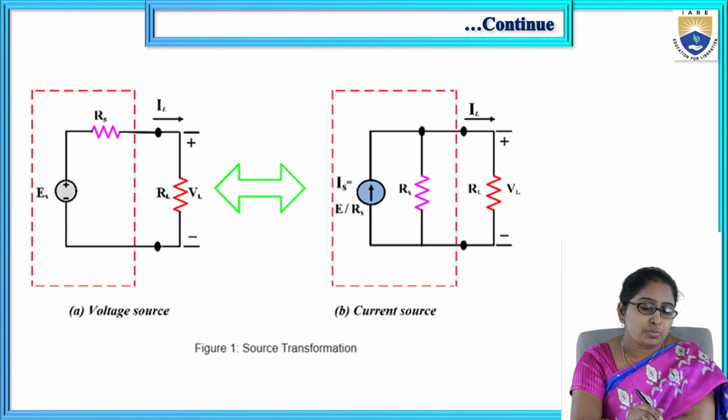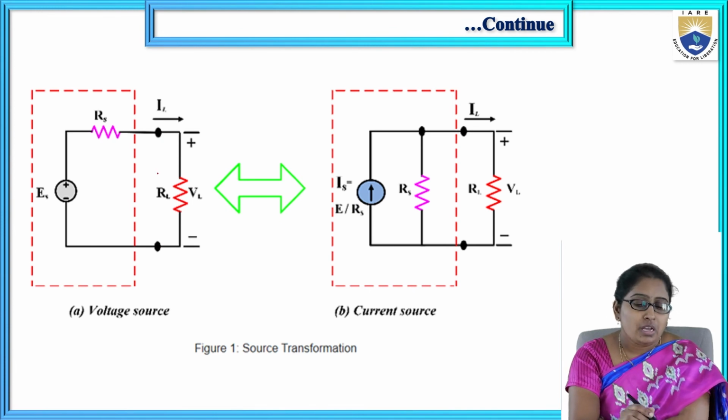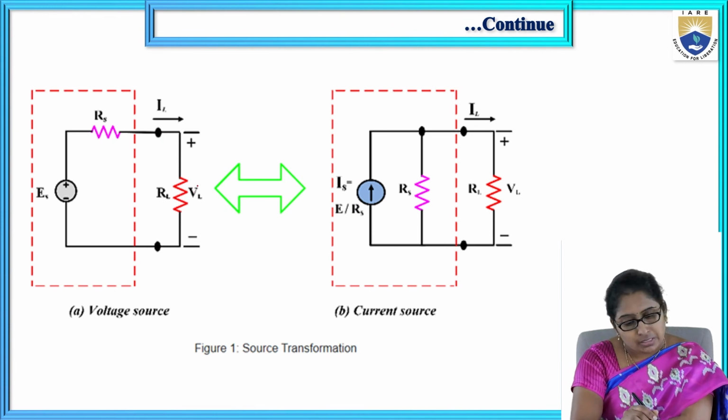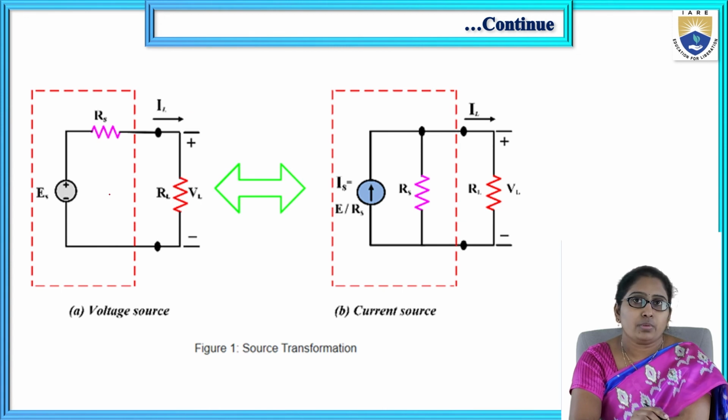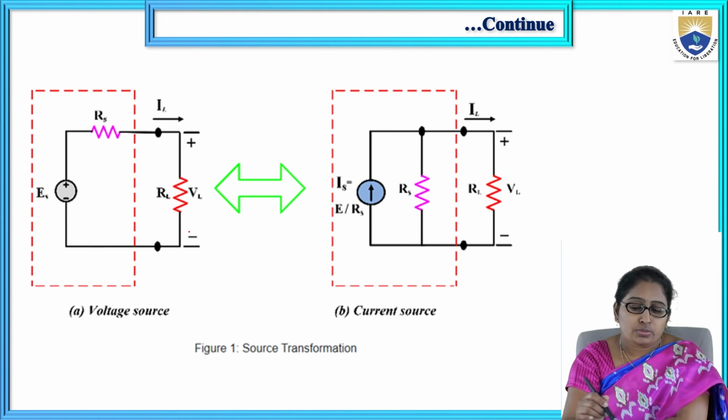These two dots represent the load terminals. The load resistance is RL, the voltage across it is shown as VL, and the current flowing in the circuit is shown as IL.